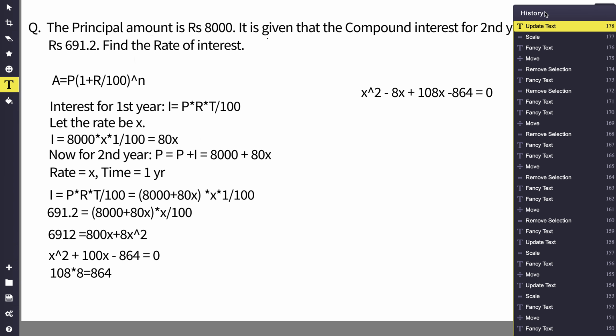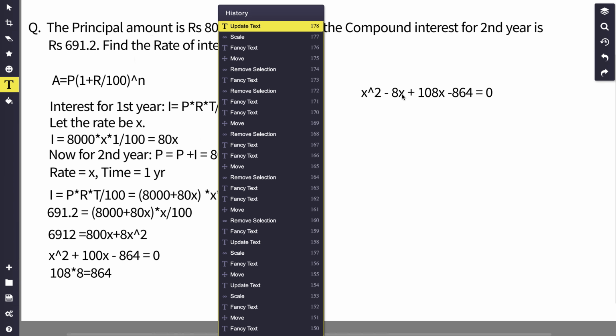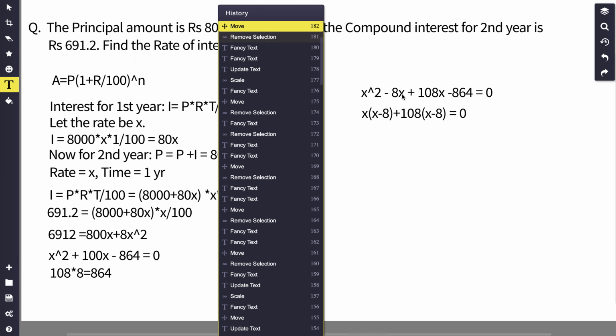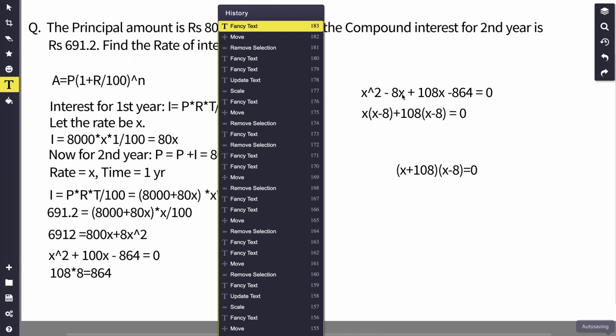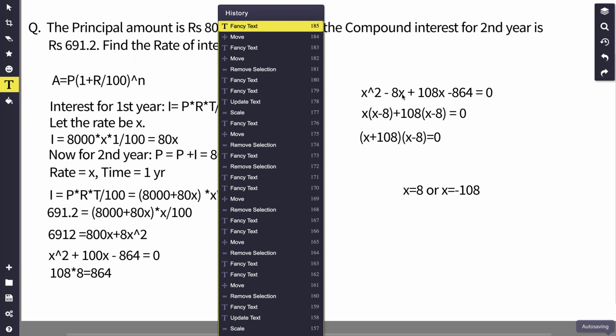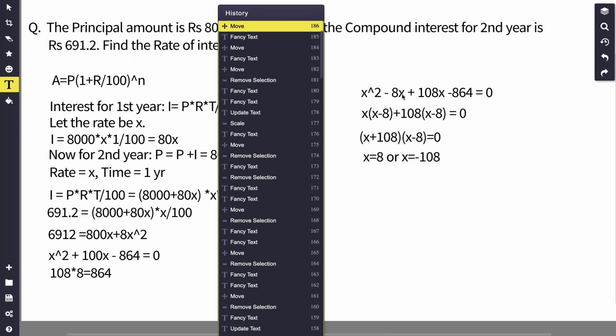So that's what I am doing here. x square minus 8x plus 108x minus 864 equals 0. Now that reduces to x into x minus 8 plus 108 into x minus 8 equals 0. Hence the roots of this quadratic equation are x equals 8 or x equals minus 108.